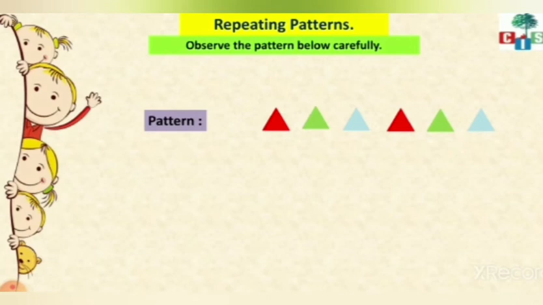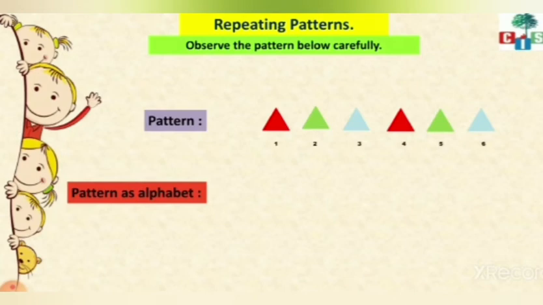Okay. Now, pattern as alphabet. We can do patterns in alphabet also. So A, B, C. After that, again A, B, C. After that, again A, B, C. We are repeating the alphabets.